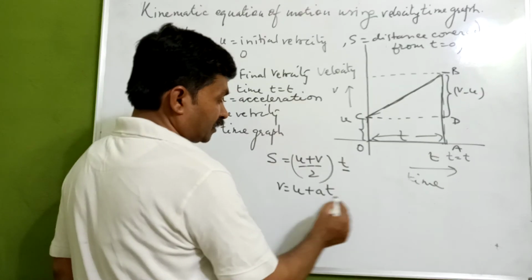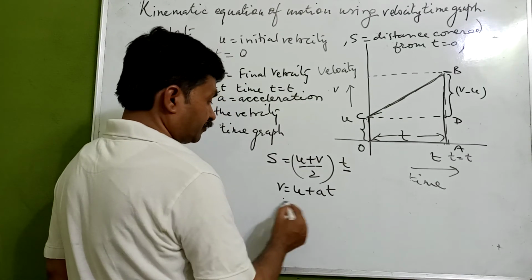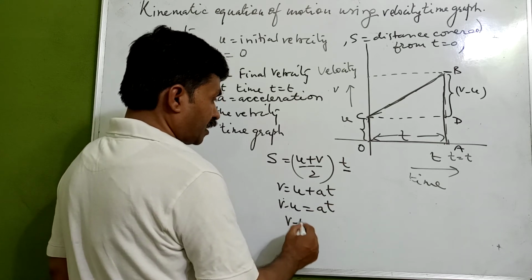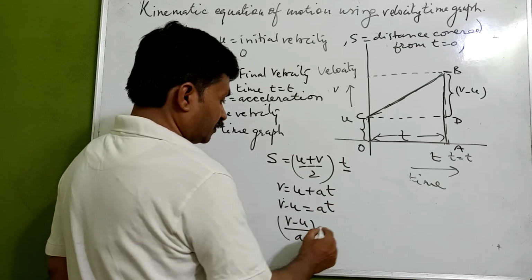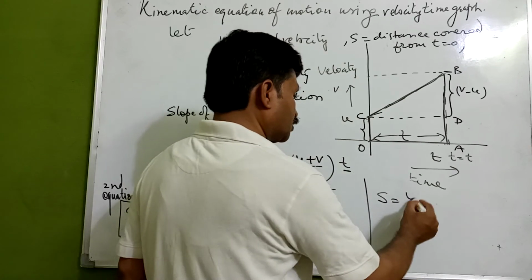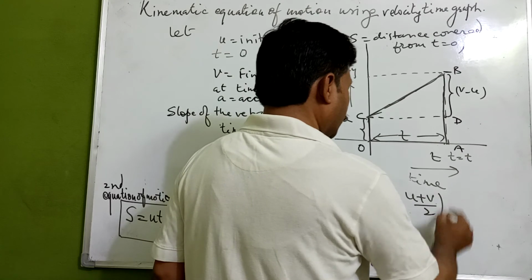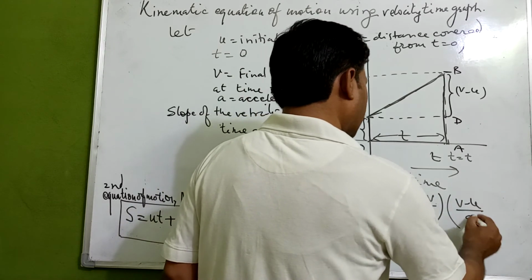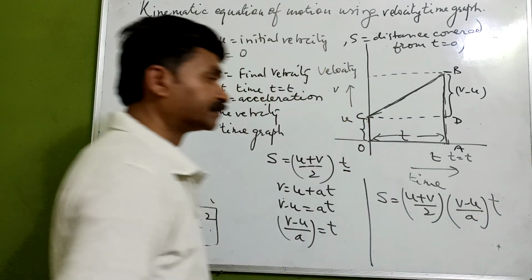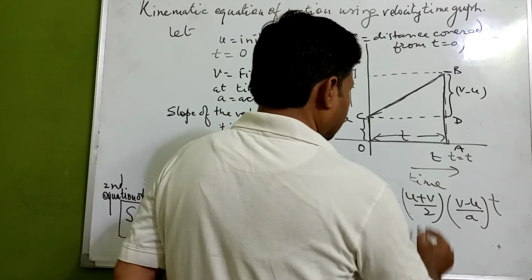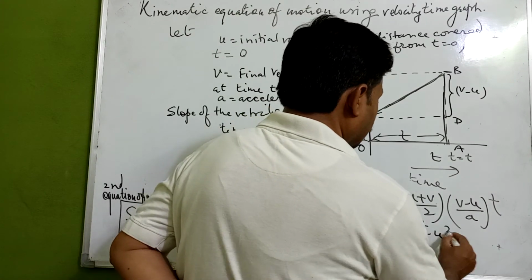Now if we want to know the time t, we take v minus u equals a into t, so v minus u upon a is equal to t. So again s is equal to u plus v upon 2 into v minus u upon a. Finally we conclude with v square minus u square.